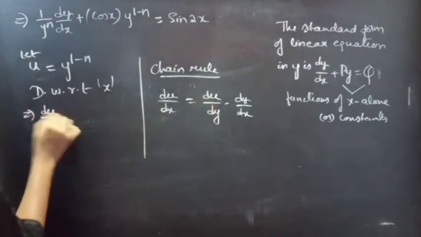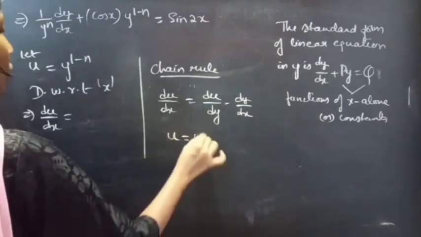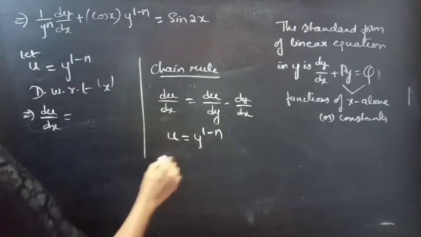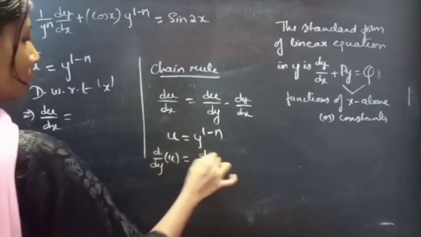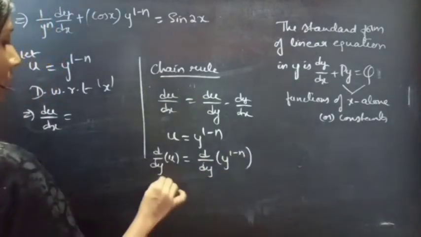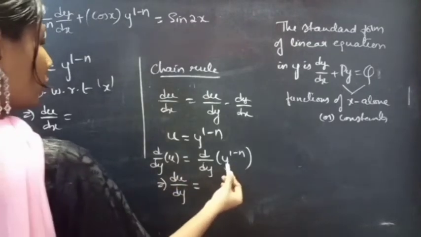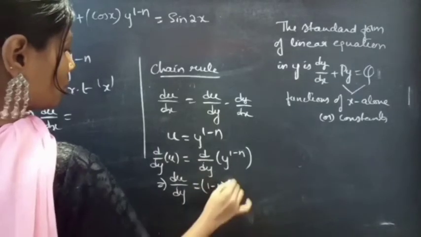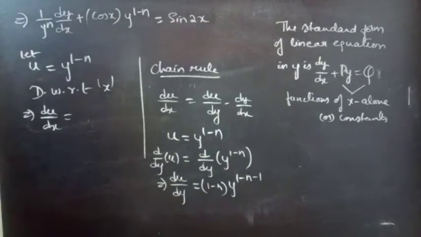Then du by dx equals, find du by dy, that is, u equals y power 1 minus n. Differentiate on both sides with respect to y. Then you'll get du by dy equals the derivative of y power 1 minus n with respect to y, which is 1 minus n into y power 1 minus n minus 1, right?